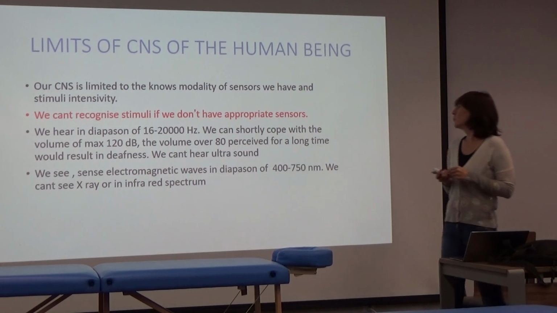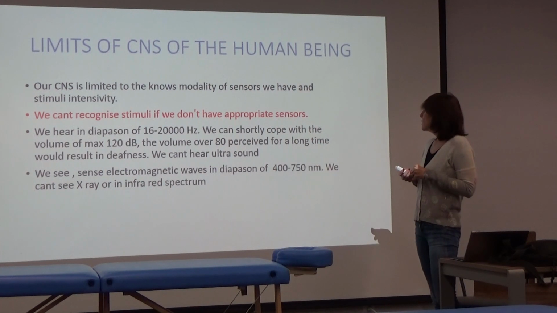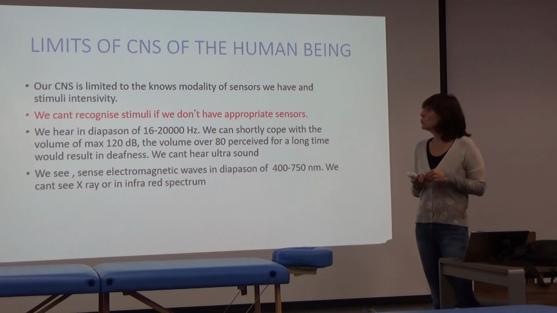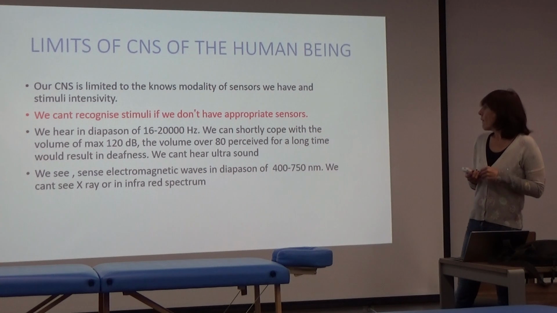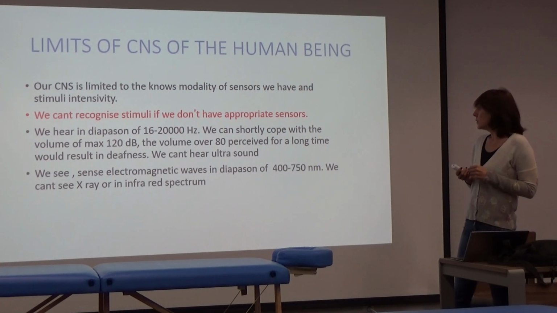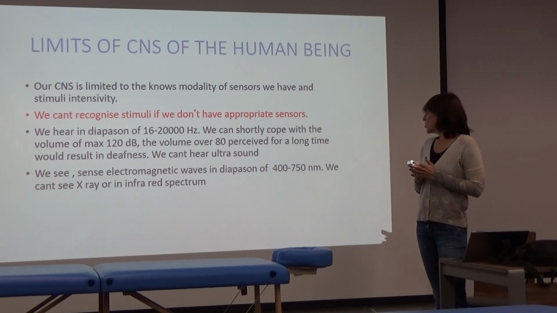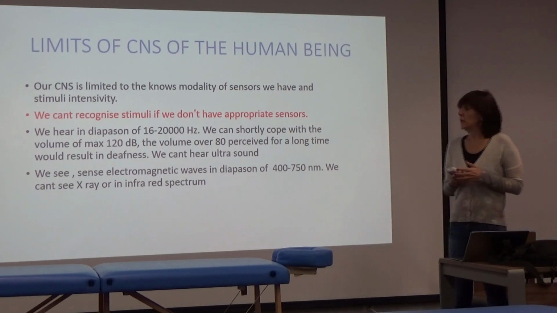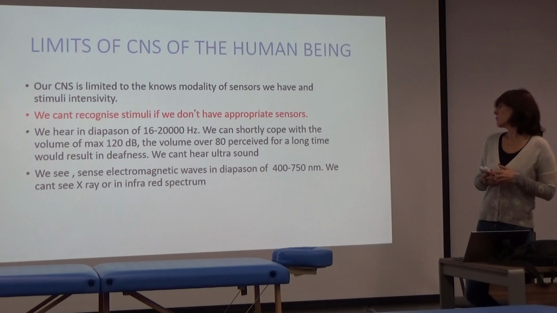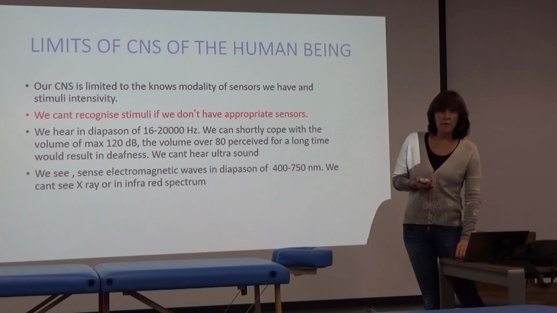And if we have a volume over 80 decibels for a long time, we would go deaf. We cannot hear ultrasound as well. Then we can see, so we can sense electromagnetic waves in the range of 400 to 750 nanometers. We cannot see in the X-ray spectrum, or in the infrared spectrum. So we're very, very limited.